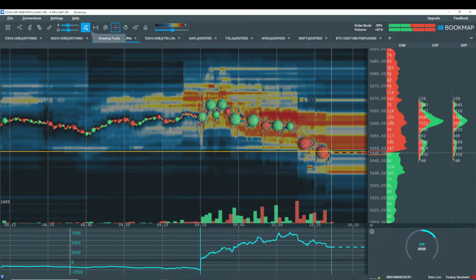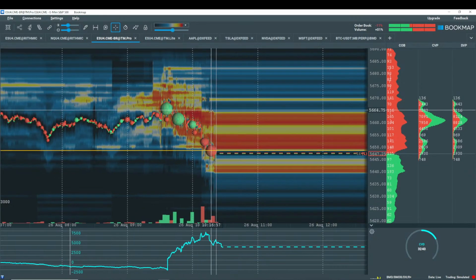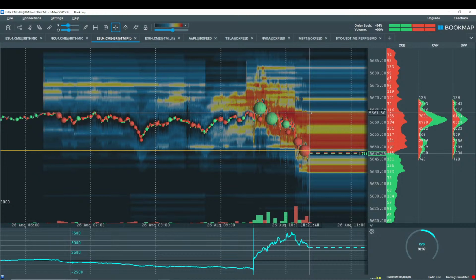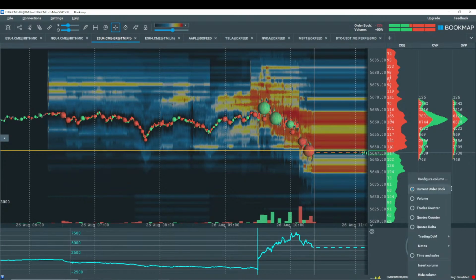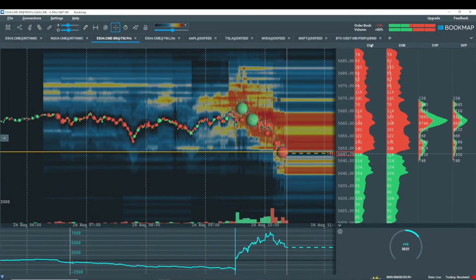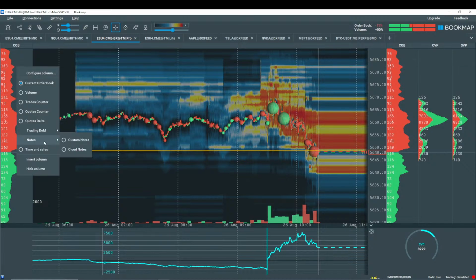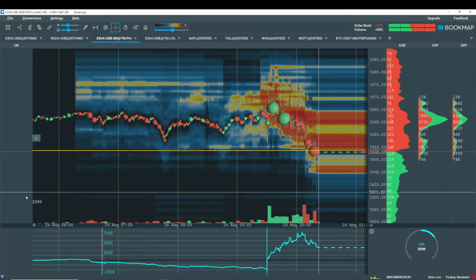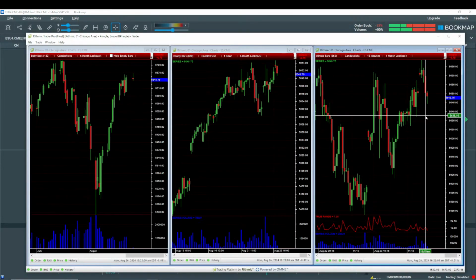So let's, in fact, do that. We'll open it up in another column here and insert a column. I'm going to put it over here and right-click in here. I'm going to make it a custom notes column, and let's look at our 37 to 32.